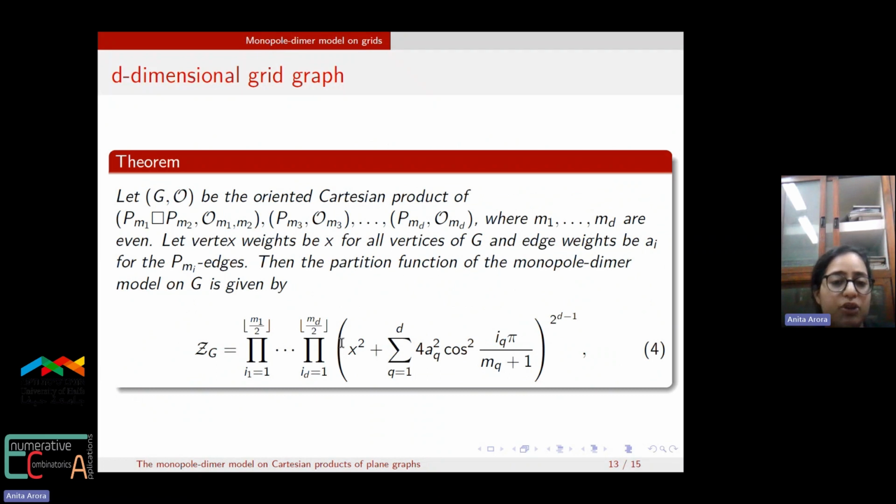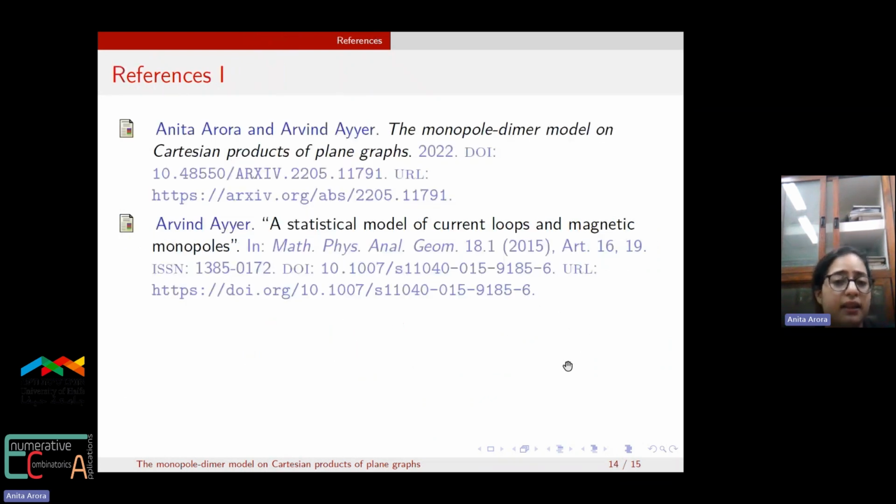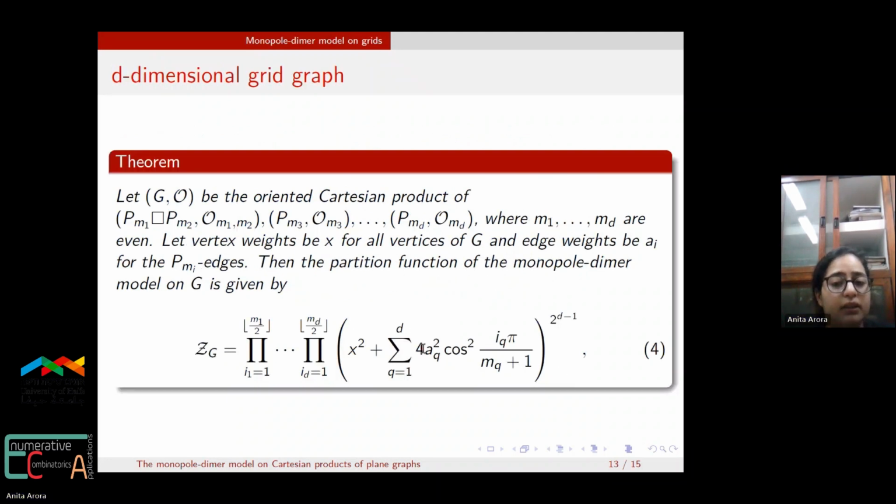If you take a d-dimensional grid graph with even grid lengths and all the vertex weights be x and ai be the edge weights in the possible directions, then the partition function of this monopole diamond model comes out to be this product formula. Again, you can note that the power comes out to be 2 to the power d minus 1, and again it's an integer polynomial, which is not evident by just looking at the formula.